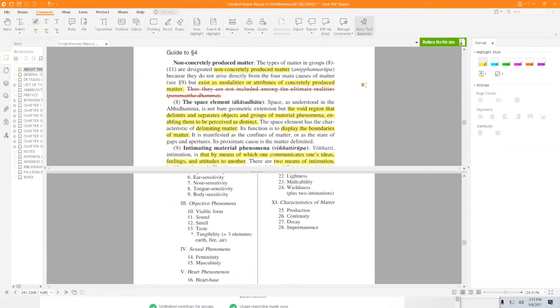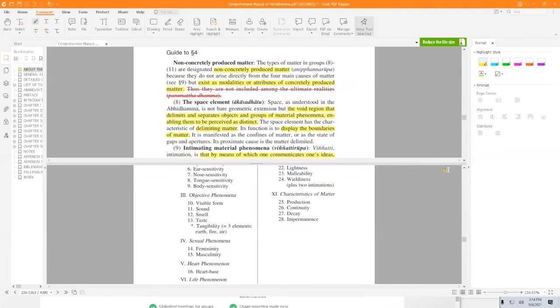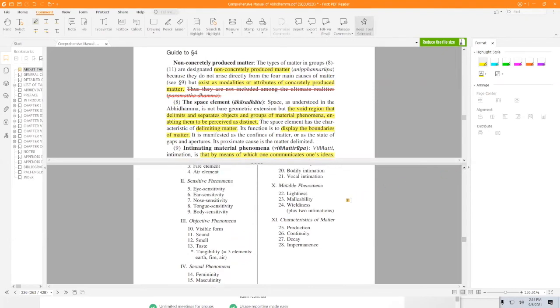Probably, my guess is that it would have been based primarily upon meditative investigations rather than external experimentation, the way the early Western scientists proceeded.